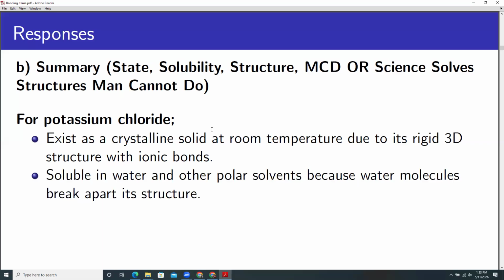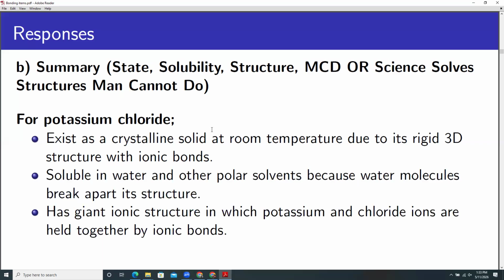Then the structure. We have seen that it has a giant ionic structure in which potassium and chloride ions are held together by ionic bonds. Then the other property is M, melting point. Ionic compounds have high melting and boiling points. So potassium chloride has a high melting and boiling point. Why?